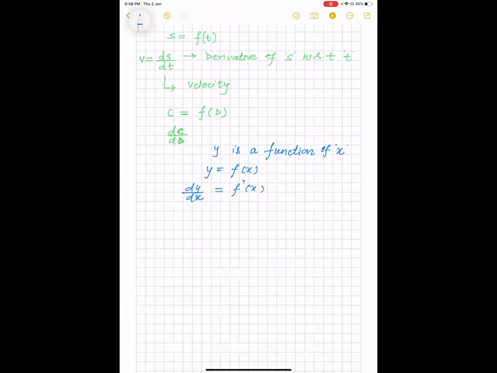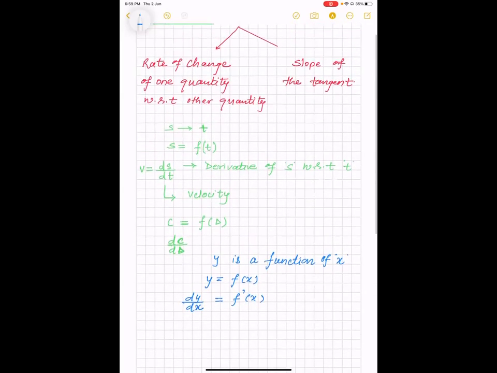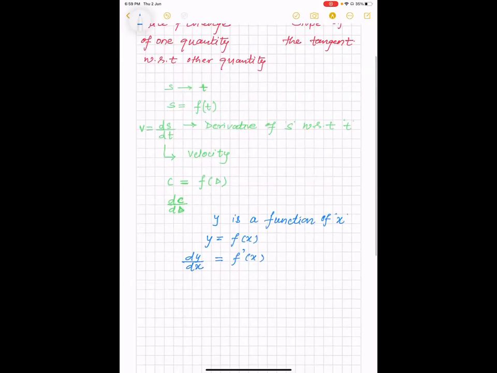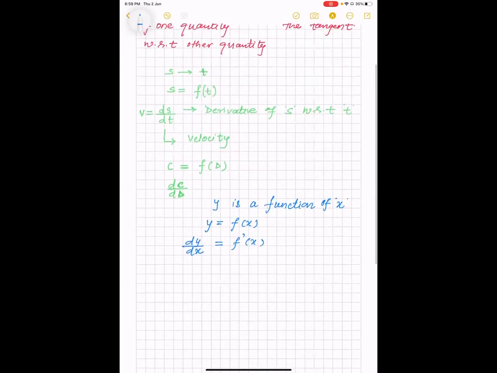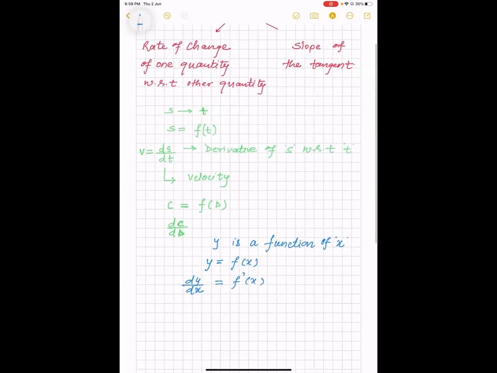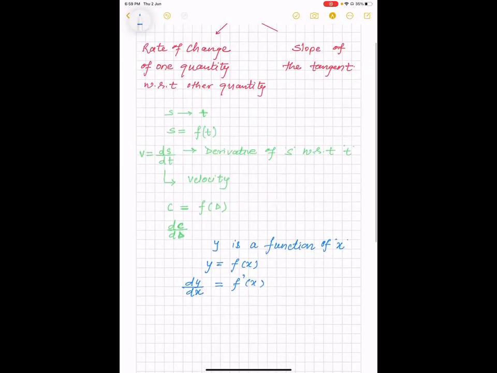Either you write dy by dx or you write f dash of x, both represent derivative of y with respect to x. With respect to the geometrical meaning, dy by dx is nothing but change in y over change in x. That's how we find the slope of any line. So it represents slope of the tangent as well.